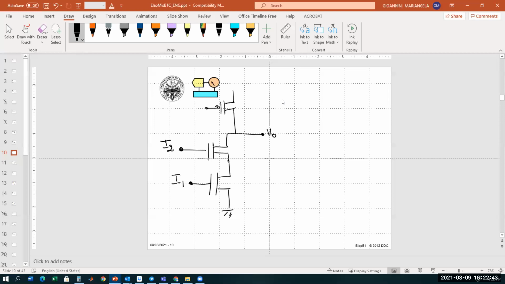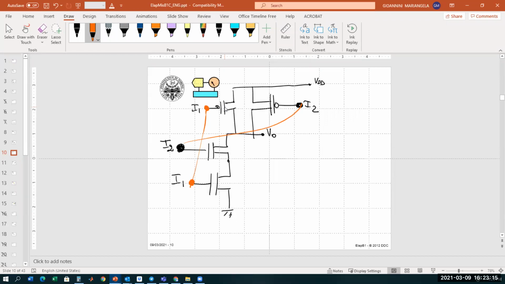One is controlled by the input I1, and the other one is controlled by the input I2. So this input goes to this node and to this node. This other input goes to this node and to this node.